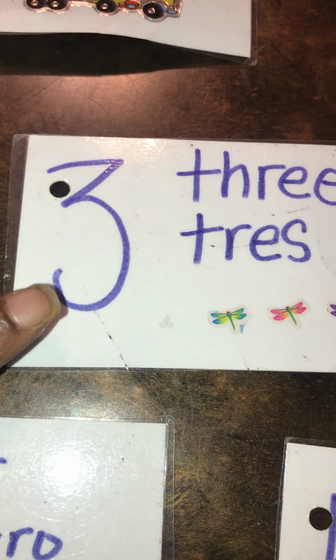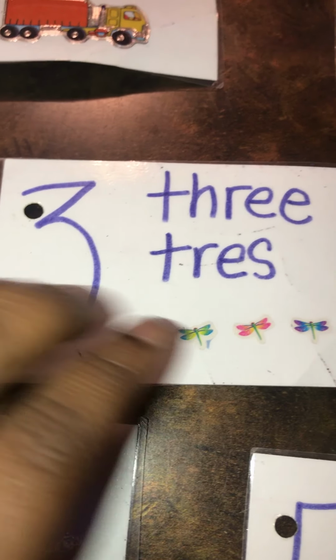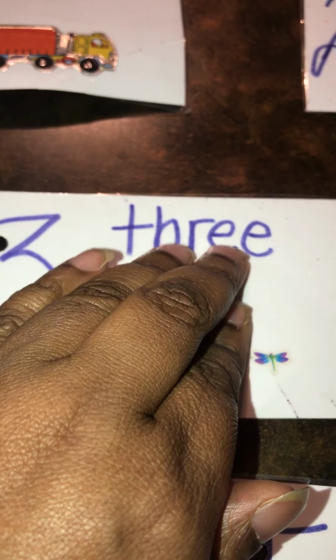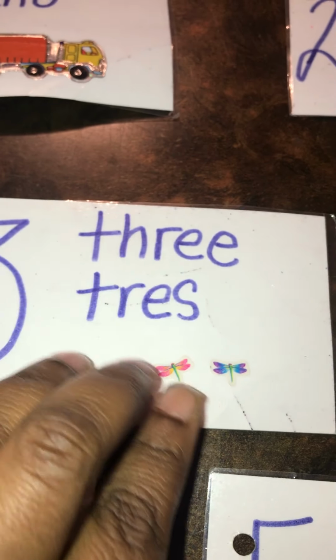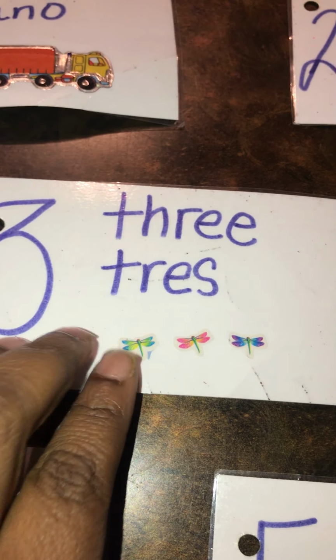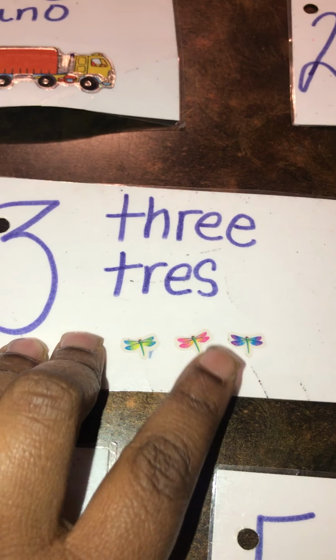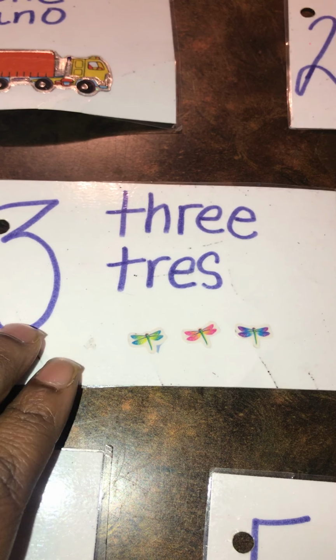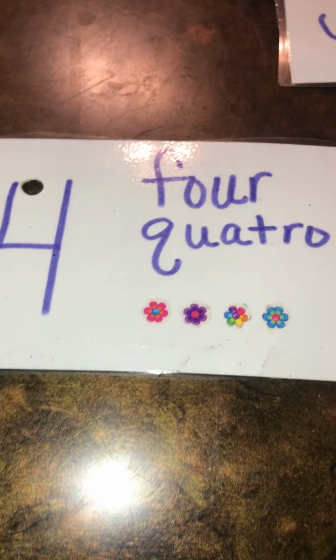Let's look at this number. This is the number 3. We spell 3, T-H-R-E-E. In Spanish, that's tres. And we have 1, 2, 3 dragonflies. This is the number 4.